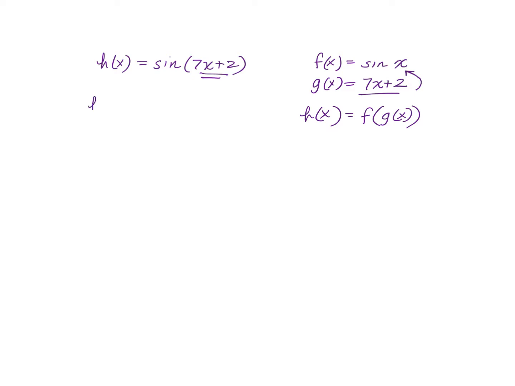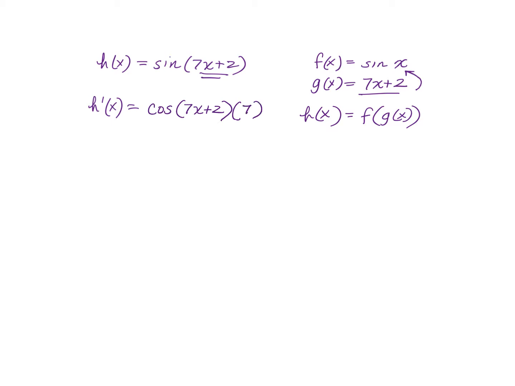So if I want to take the derivative of h of x, I take the derivative of the outside function, and the derivative of sine is cosine, and I leave the inside alone for now. And then I multiply it times the derivative of the inside. And the derivative of the inside is just the derivative of 7x plus 2, which is just 7.